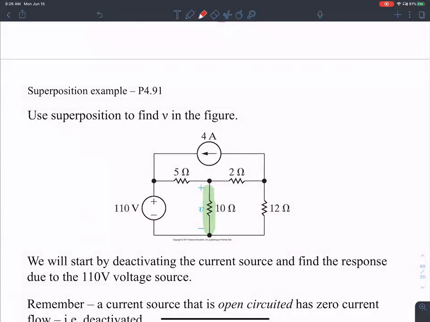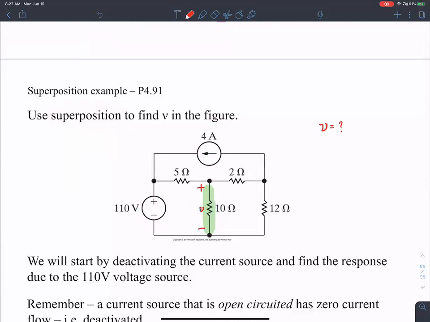Or KCL, KVL at different nodes. Now, what we want to do in this case is to apply superposition to find this value. Plus minus V. What's the value of V?